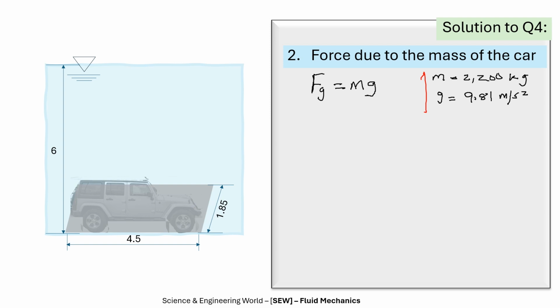So this Fg will give us 2,200 as the mass times acceleration due to gravity, 9.81.